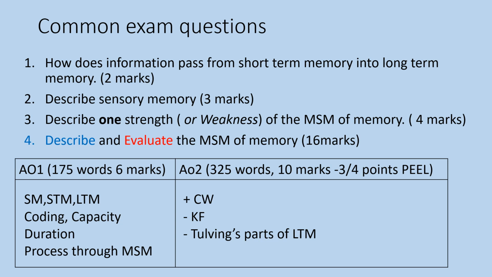And then finally, we've got Tulving pointing out there are different parts of the long-term memory. On our next topic we're going to look at Tulving's theory of long-term memory, and we can use that to criticize the fact that the multi-store model doesn't break down long-term memory into the different parts, and that's something it fails to achieve. Okay.